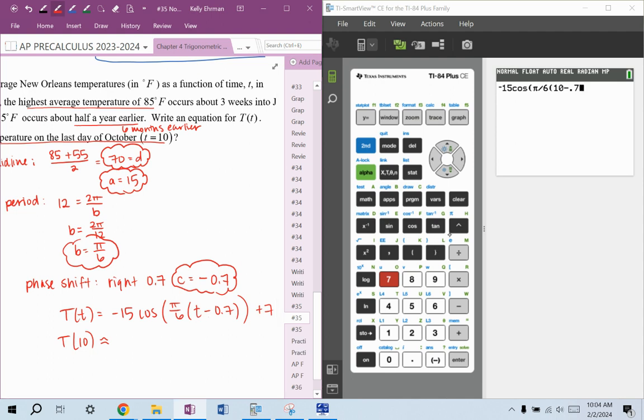Anyway, pi over 6 times 10 minus 0.7, close parentheses around that, close parentheses in the cosine, add 70 to that. The average temperature is 67.653 degrees Fahrenheit, approximately.